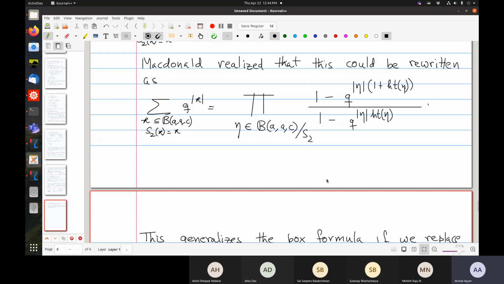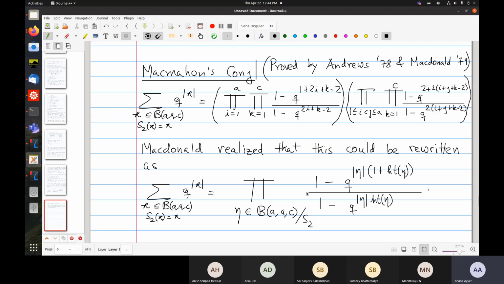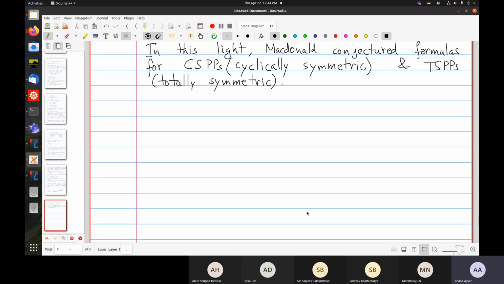So Macdonald proved this using this formulation, but he could not prove either of these two. So this was Macdonald's conjecture. So this is an important landmark in this story.